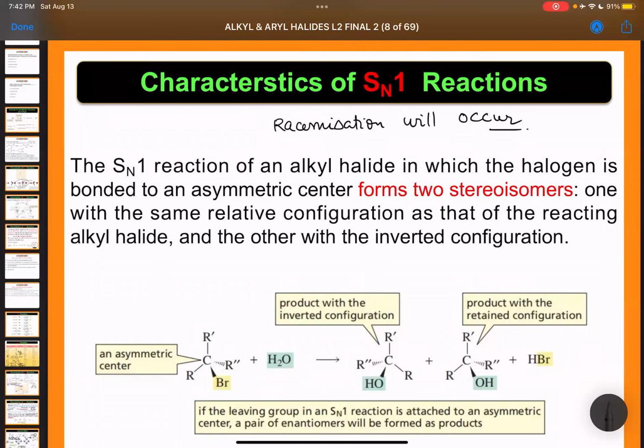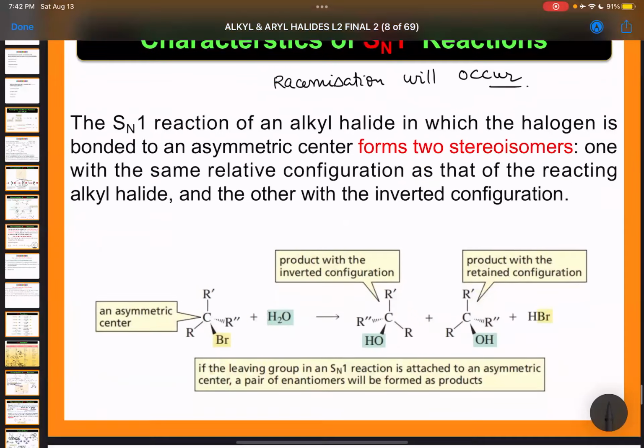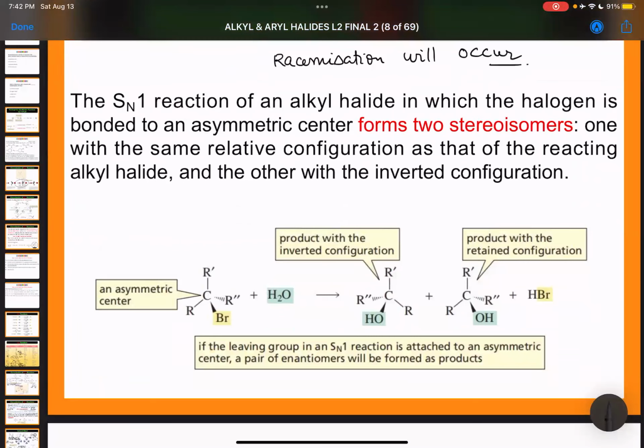If there is a chiral carbon which is connected to four different groups, then only you will observe this phenomenon. If the carbon is not chiral, it is just a simple carbon which does not have four different groups, then it is not a matter of concern. This inversion and this racemization happen only if the carbon where the leaving group is connected is chiral. Then only you need to discuss these things.